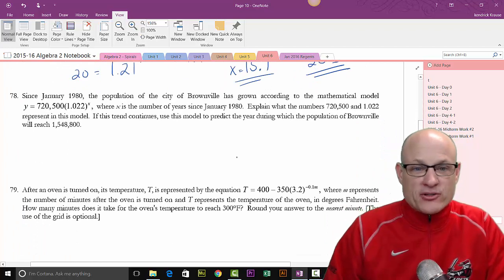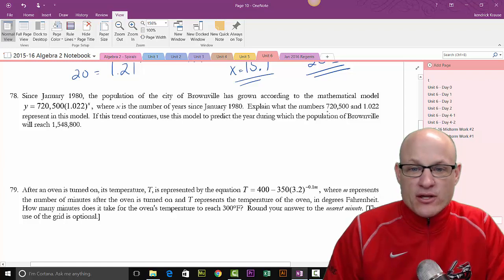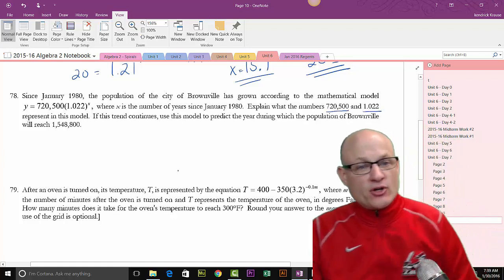Since 1980, the population of the city of Brownville has grown according to this mathematical model, where X is the number of years since 1980. Explain what this number and this number represent in this model.